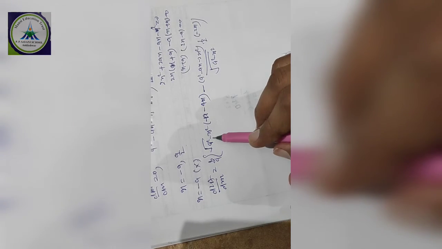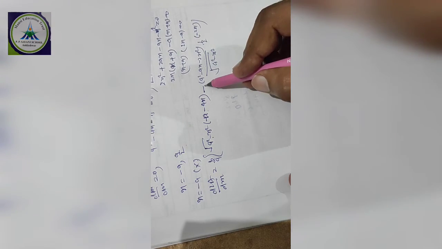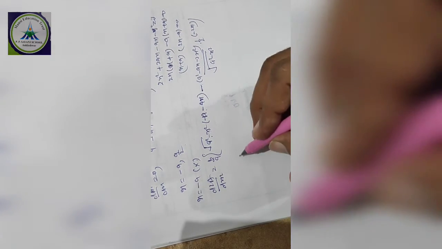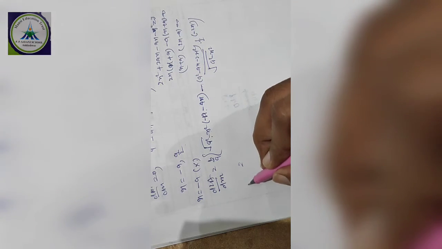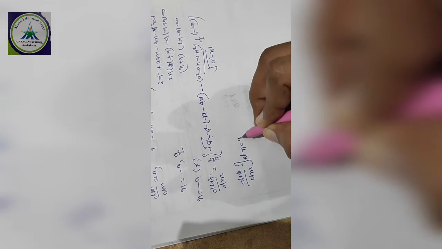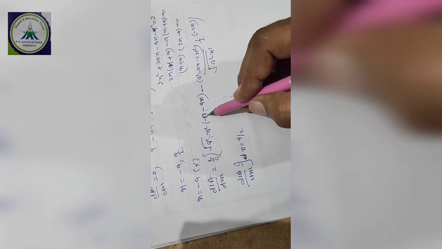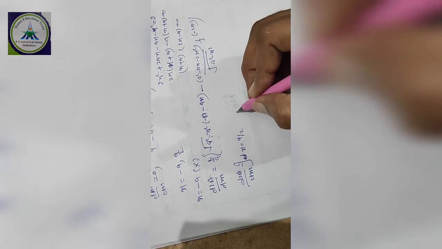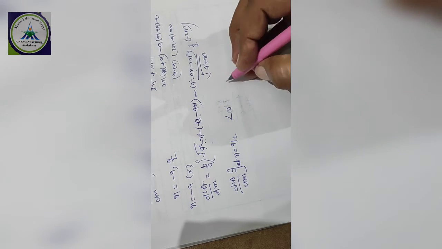Putting in the values, this is negative. At x equal to a by 2, the value works out to be negative, less than 0. The whole solution is negative.